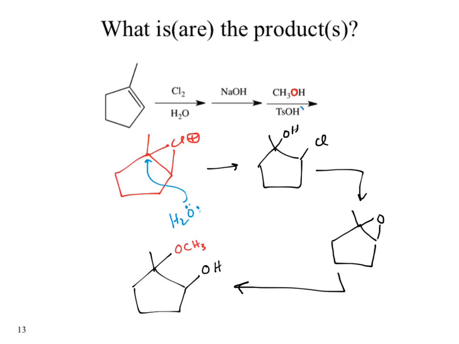Where are those conditions specified? TsOH, which happens to be straight from that lecture that you all watched, toluene sulfonic acid. It's an acid catalyst.